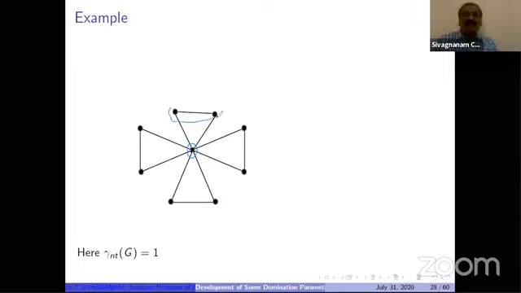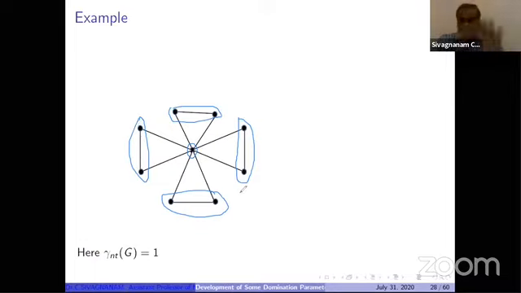These two vertices are available in NS, and here these two vertices are available in NS, and these vertices too. So all outer vertices are available in NS, and it does not contain any isolated vertices. So now only one vertex is sufficient to dominate all the vertices, and at the same time NS contains no isolated vertex. So gamma NT of G equals 1.